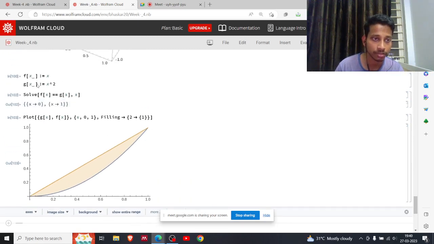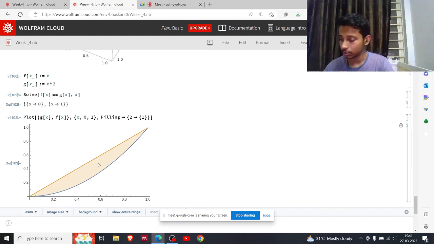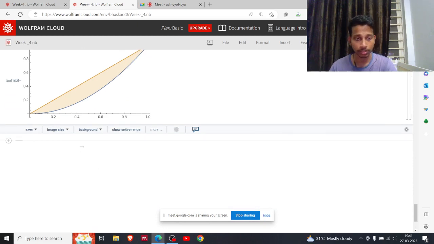The straight line denotes f(x), and g(x) is the blue line, which is x square. So between these two curves, this is the area. Now what we'll do, we'll see the revolution.